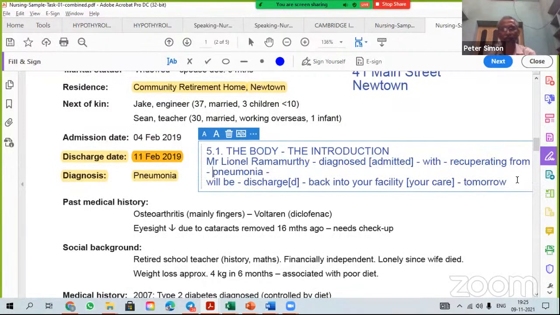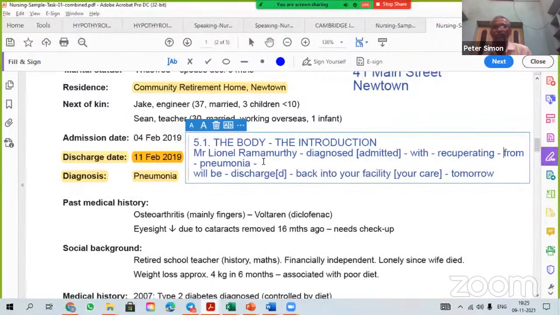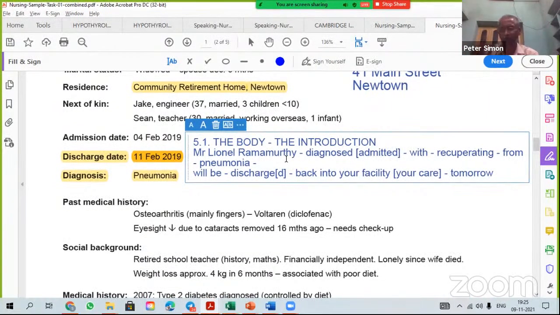Okay, admitted with or recuperating from pneumonia. Okay, diagnosed with or admitted with or recuperating from or having contracted. Different style. There are 100 different ways you can write. But only the thing is you have to be careful with your grammar and other things.